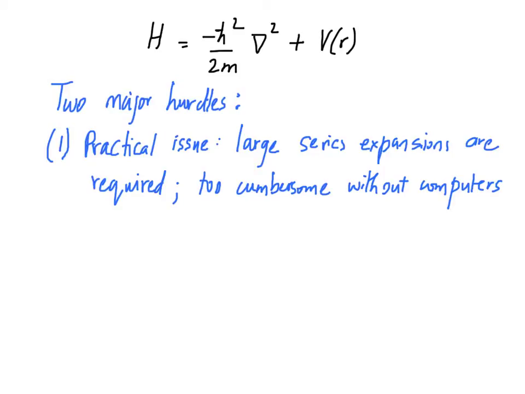V of r also includes the electron-electron interactions. You see, in the last couple of lectures, we have implicitly assumed that we have a single electron inhabiting a periodic potential due to the nuclei. But in reality, you have a large number of electrons. So these electrons are interacting with each other. Just like each electron is being attracted by the nuclear potential, they're also being repelled by the other electrons.